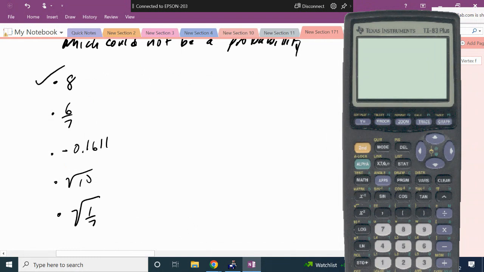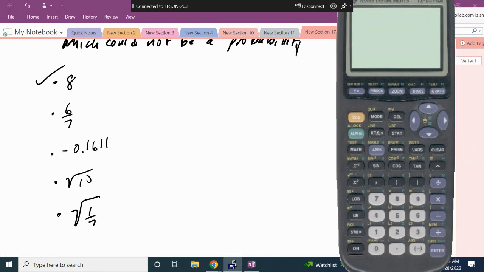All right, so 8 is not a probability, right? So what about 6/7? Well, if we put 6/7 into the calculator, 6 divided by 7 is 0.857. So that actually could be a probability, because it falls in between 0 and 1.